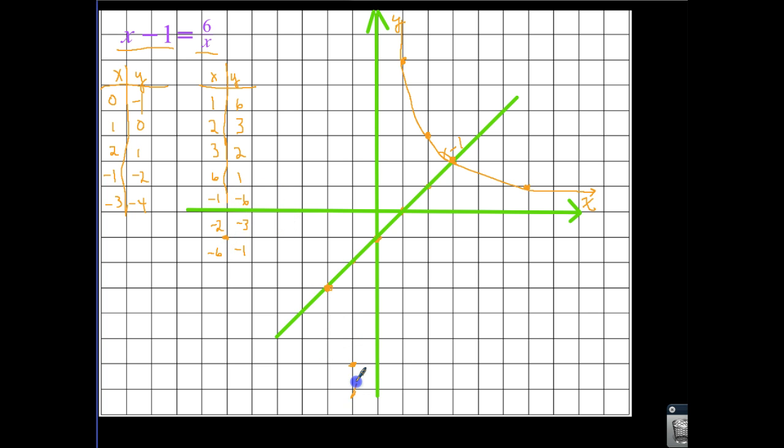Okay, and then this one, go up. So here we see that our intersecting points are where, again, x is equal to negative 2, y is equal to negative 3, and up here, x equal 2, y equal 3. Those are our intersecting points.